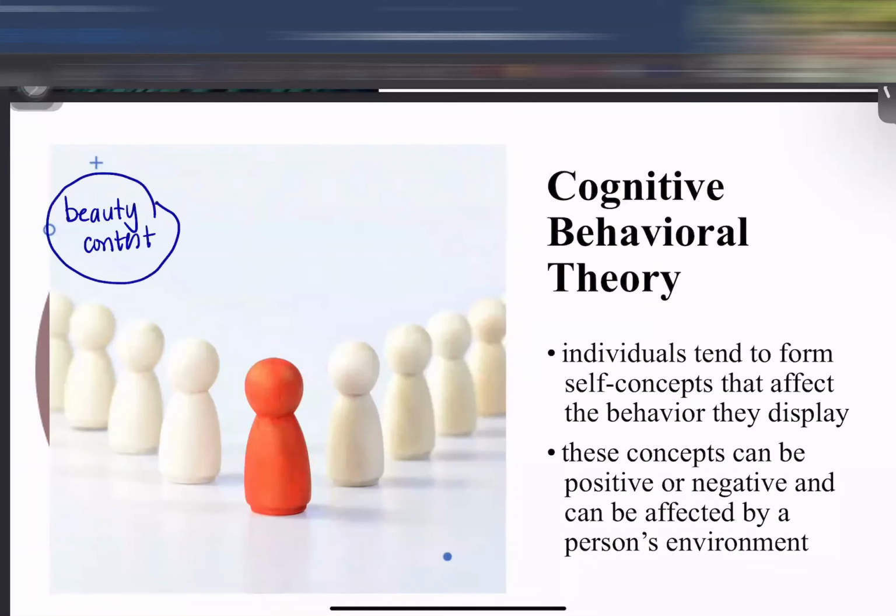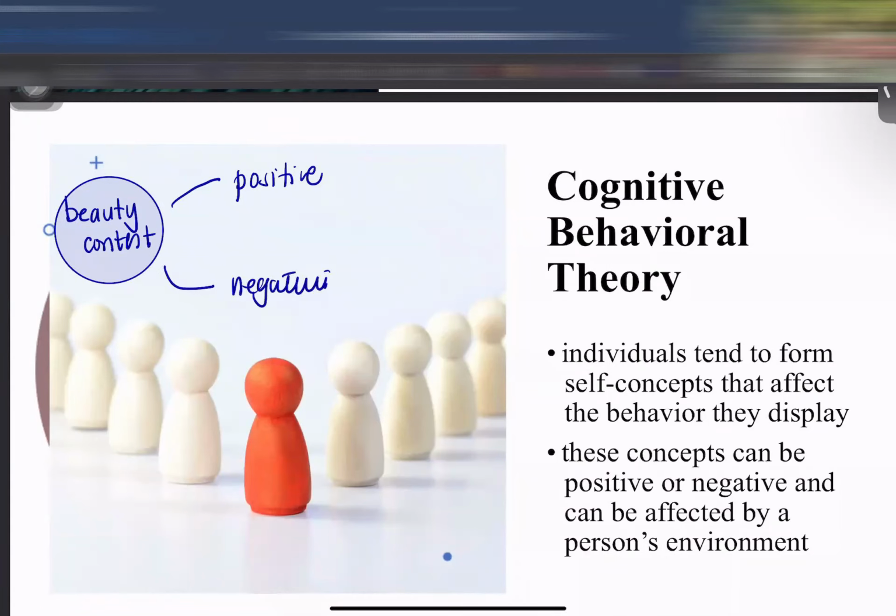But your patients may formulate concepts regarding that, and their concept could either be positive or negative. Now, if for you as a nurse this is a positive experience because you enjoy beauty contests, for example you watch them with your boyfriend, please do not expect that your patients would view it positively all the time. It may be possible that your patients would be viewing it negatively.